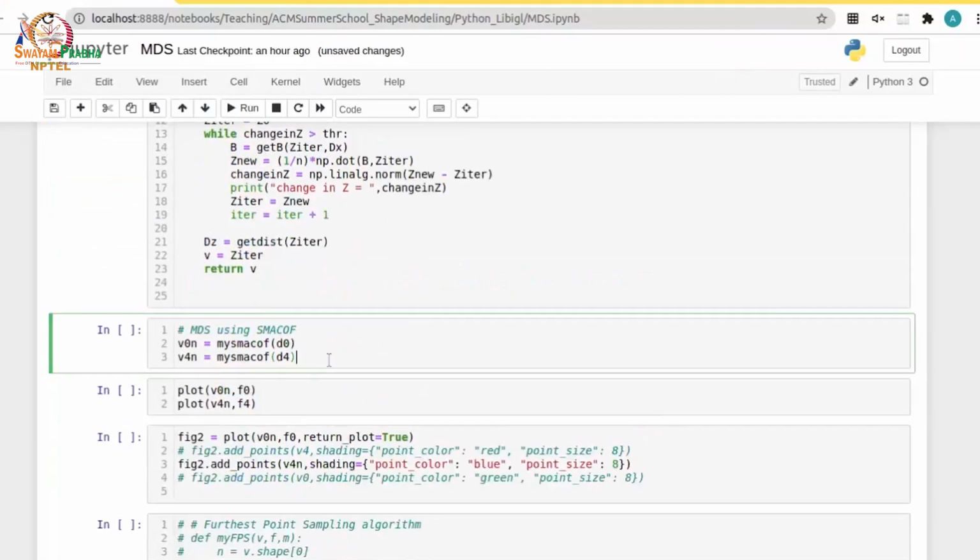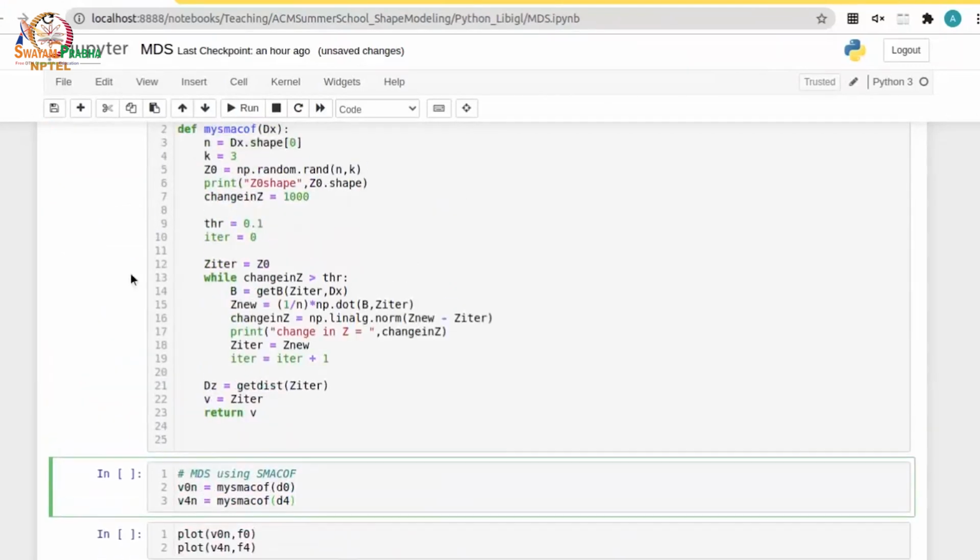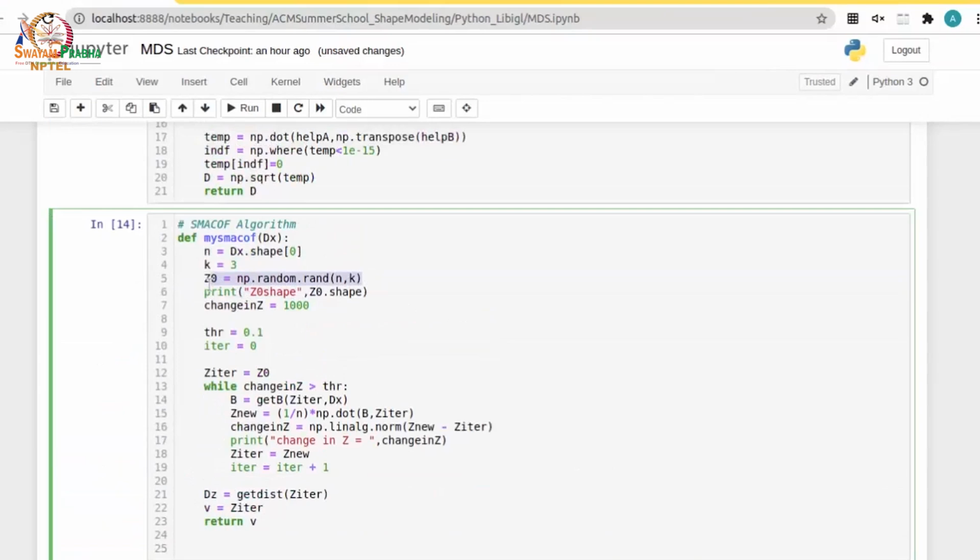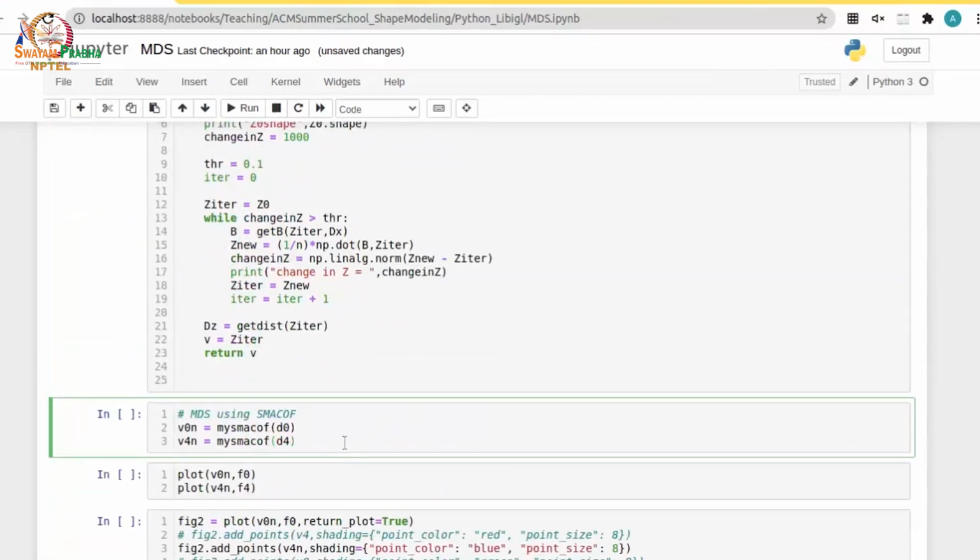So here it is. D0 is again the pairwise distance matrix for cat0. D4 is the pairwise geodesic distance matrix for cat4. Run this. And again, I'm taking a risk in the sense that the algorithm starts from a random point, as you can see over here, and then it iterates. So I do not guarantee how quickly this will converge. It may take quite some time.